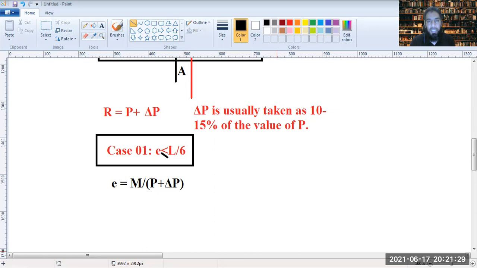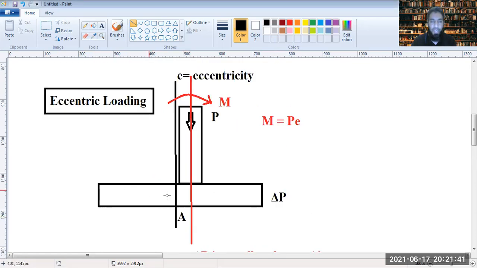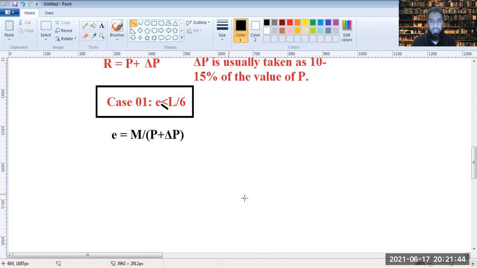we can say that in this case, what we'll come to know is that there is a total contact area between the soil and the footing. Now, how does that happen? We'll be seeing that this soil pressure, you have to remember now, is not uniform like it was in the case of the concentric loading.